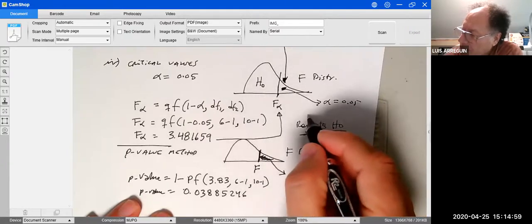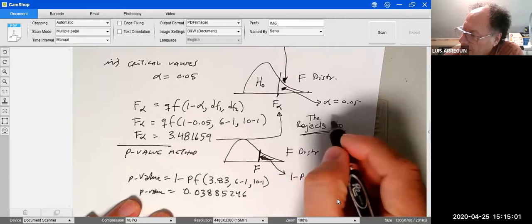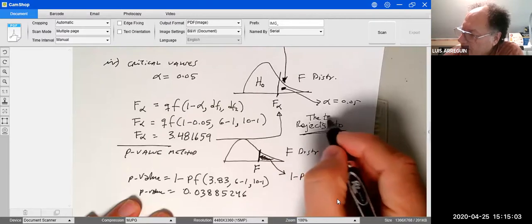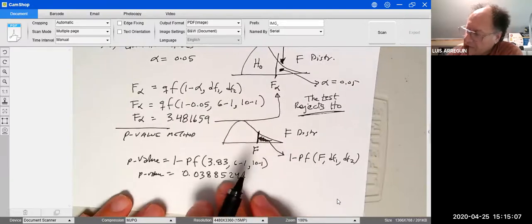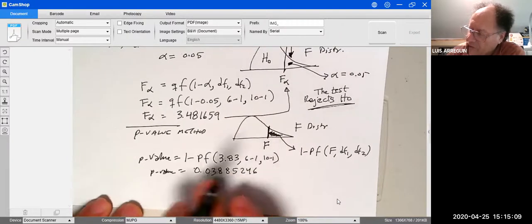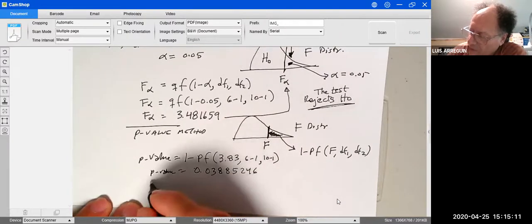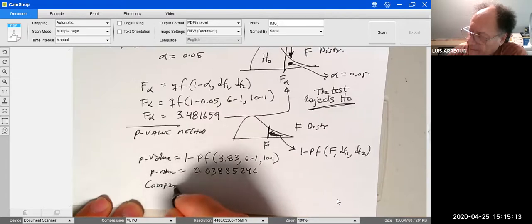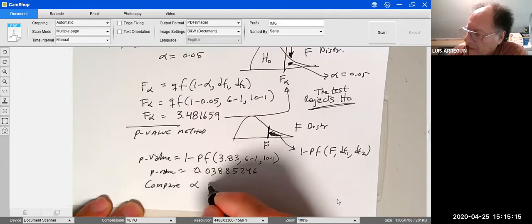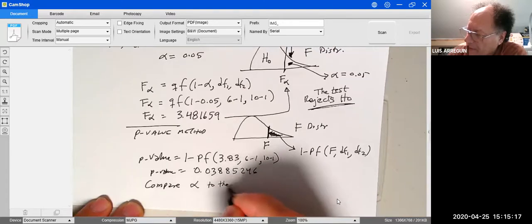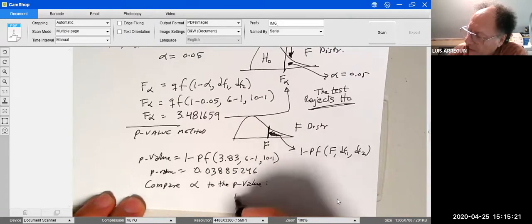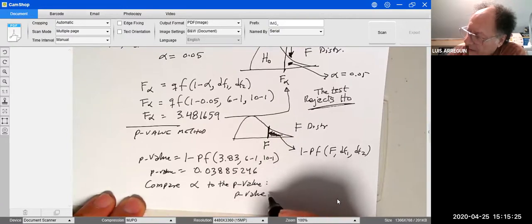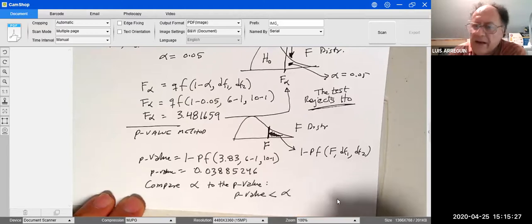So the test rejects the null. Now, in this case, if you want to use the p-value, you just need to compare alpha to the p-value, and you're going to see that your p-value is less than alpha.